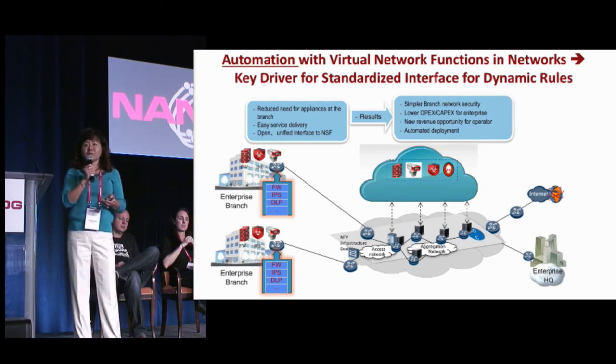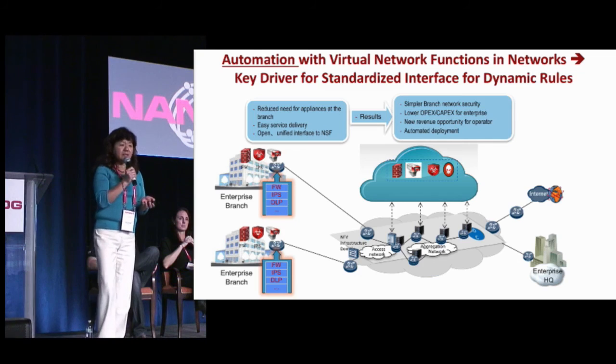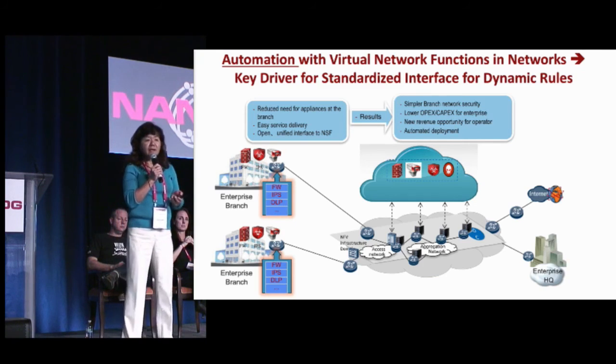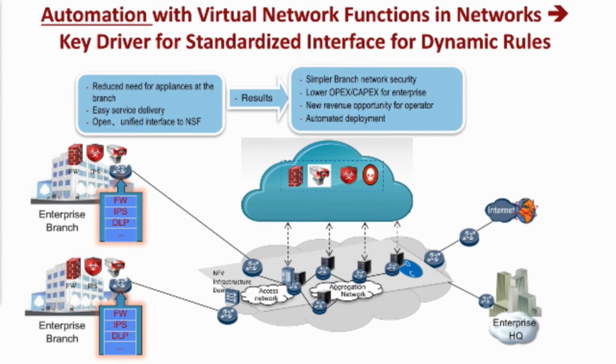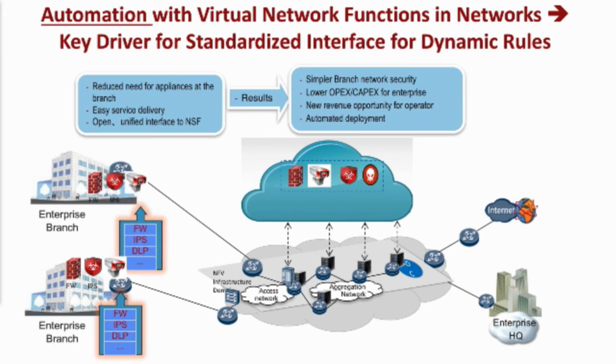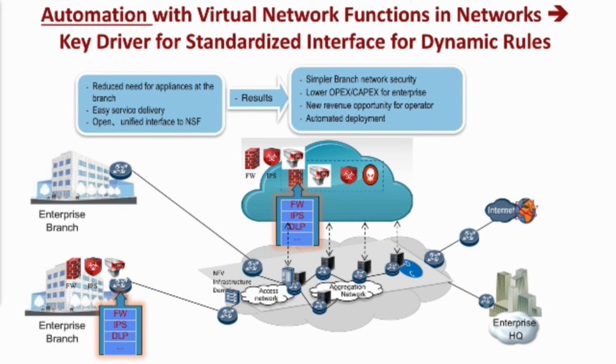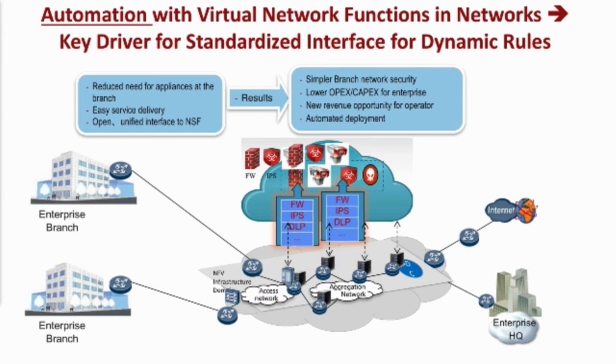Okay, many of the companies here have been doing automation, right? But the key of automation is to be able to have a standard interface. With virtualization, we now have lots of virtualized network functions and virtualized security functions in the network.